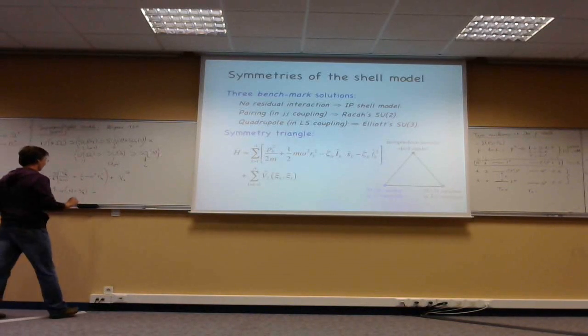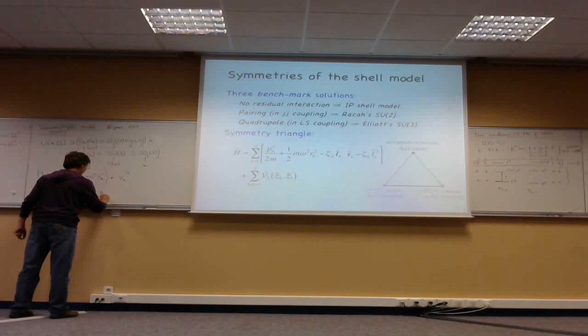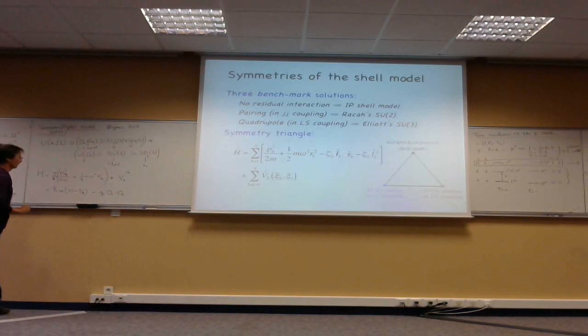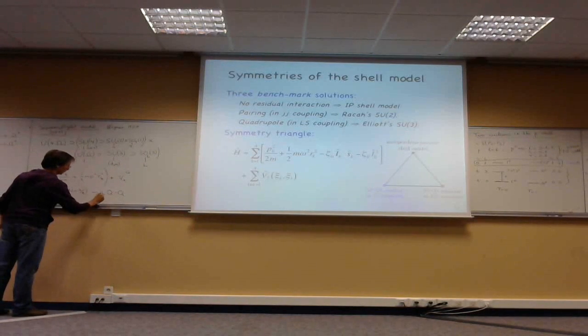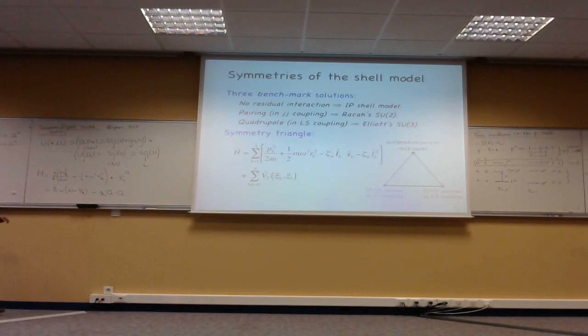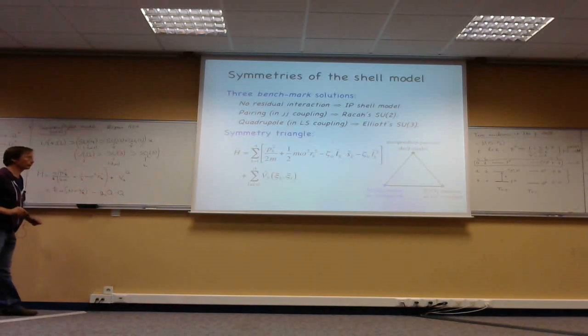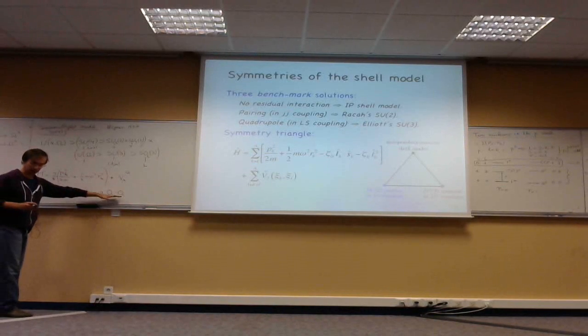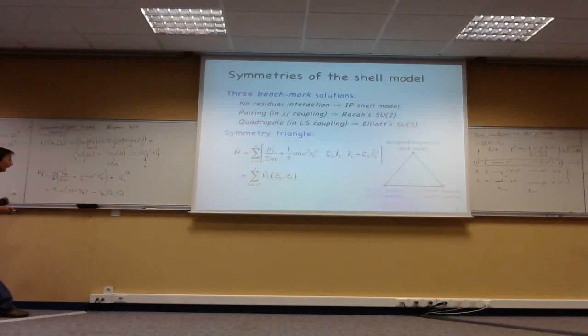Well, there must be some strength here, QQ, plus some G2, and this is the quadrupole operator. Okay. So this was the Hamiltonian which was considered by Elliott.